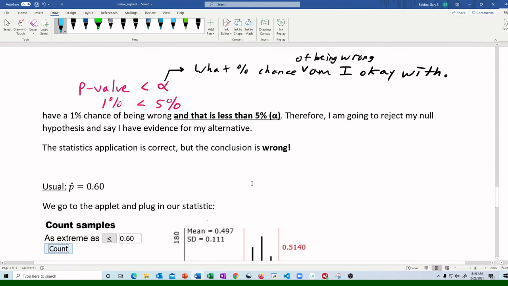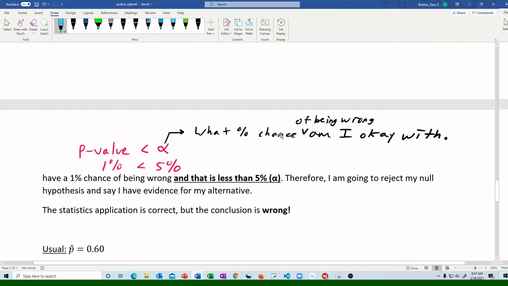Alpha, again, just to remind you, is the percent chance of being wrong when I reject the null. That I'm cool with. Like, yep, I'm fine with a 5% chance of messing this up. You can change that, but that's what we'll start with. Your p-value tells you, using my sample, what's the percent chance of having my statistic or more extreme happen.